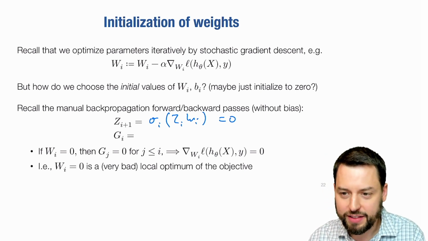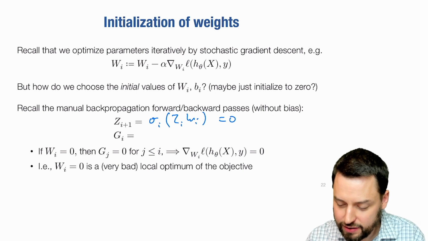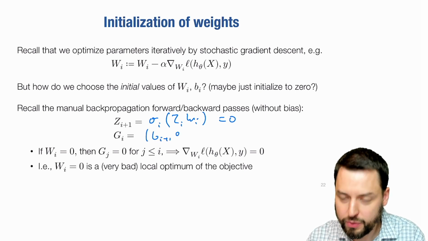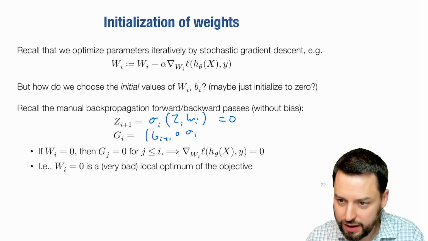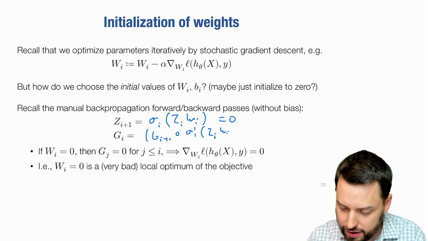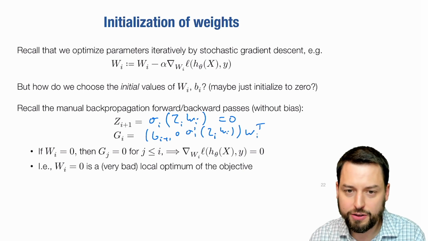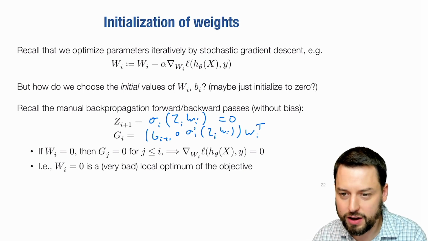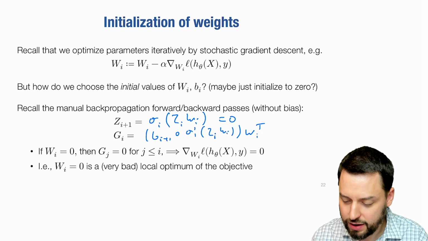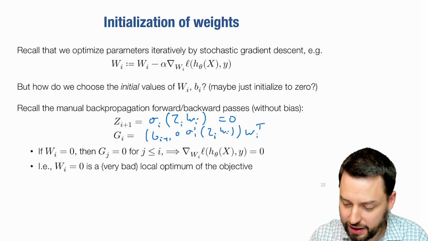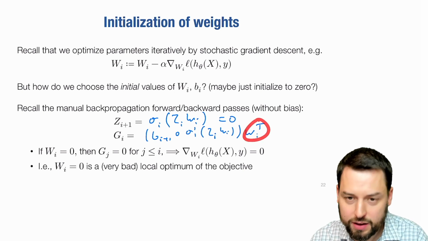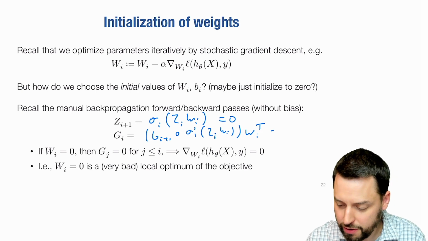We also have that the G_i would be G_{i+1} Hadamard with σ_i' of z_i W_i, times W_i transpose. And after the first iteration, because we're multiplying here with W_i, this would also equal 0.